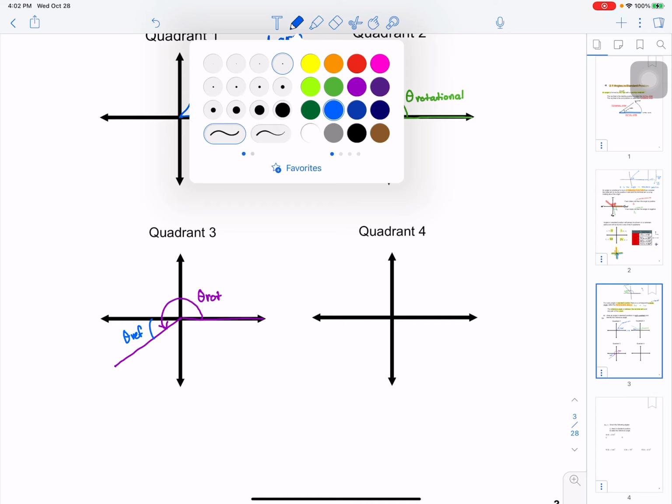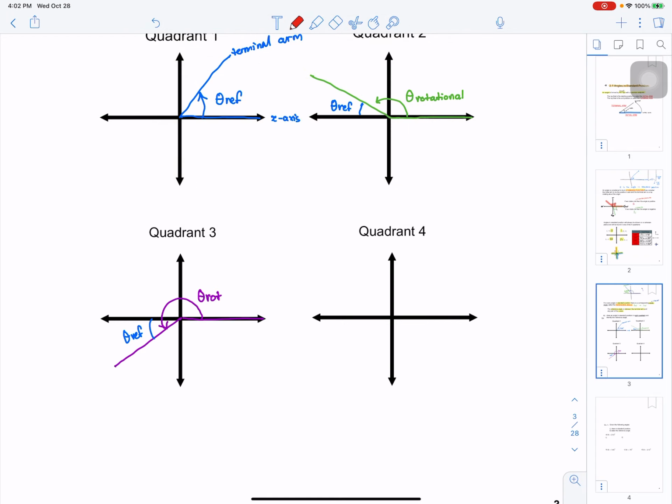And finally, if I'm in quadrant 4, I haven't used red, I'm going to start at the positive x-axis, move in a counterclockwise direction until I want to stop, and then I rotate my angle until I get to the terminal arm. Here's my theta rotational angle, but my reference angle is from the terminal arm to the positive x-axis. So here's my reference angle. And again, in all of these examples, theta reference is smaller than 90 degrees. Okay, we don't want it bigger than 90 degrees, so you need to form the reference angle so that it's always smaller than 90 degrees.